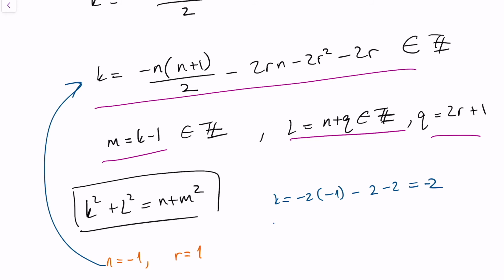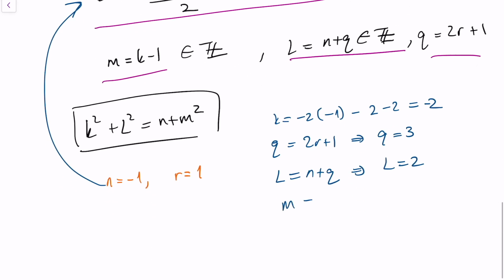So q is equal to 2r plus 1. Well, r is 1. That implies q is equal to 3. l is equal to n plus q. That implies l is equal to 2. And finally, m is equal to k minus 1. That implies m is equal to -3.